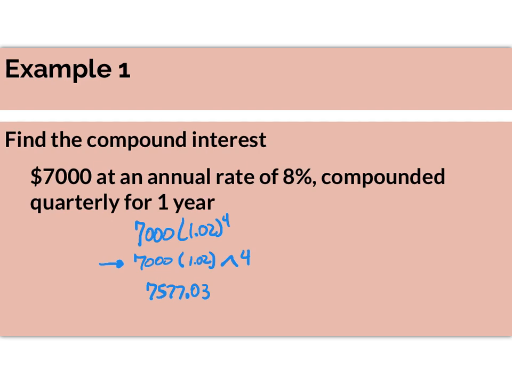So this is the balance. And the question asks for the interest. So obviously you would subtract 7,000 from this number. To find the interest will be $577.03.